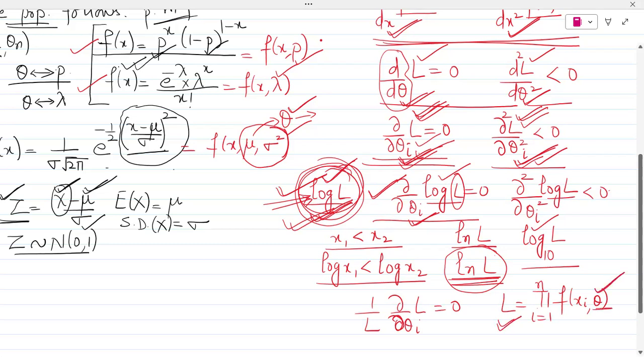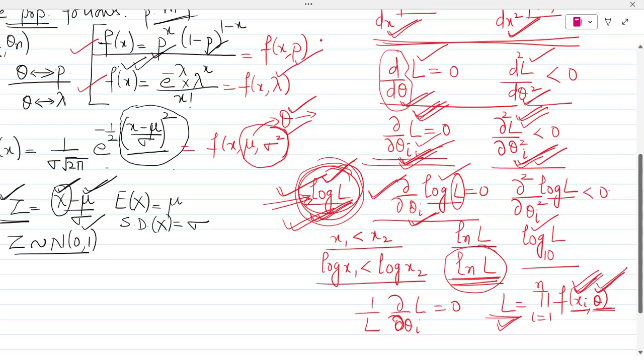L was the product of f(xi, theta), i from 1 to n. Theta is the unknown variable here. Once the sample observations are known, the xi's will no longer be variables. So the variable here is theta, the unknown parameter.